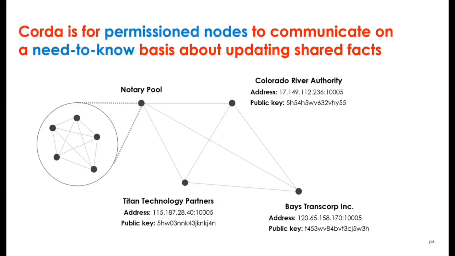Now this node is available to conduct private transactions with this node, Bayes Transcorp, and the Colorado River Authority. And the notary pool validates certain parts of the transactions to indicate that they are indeed validated and desired transactions.